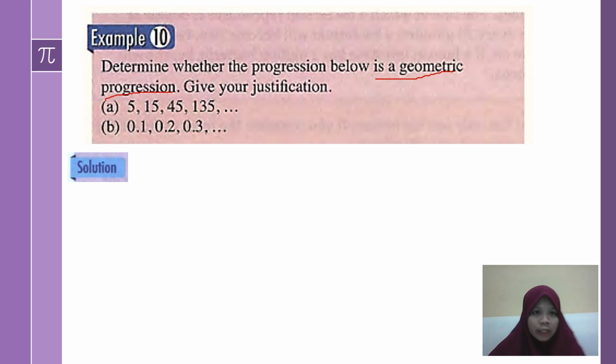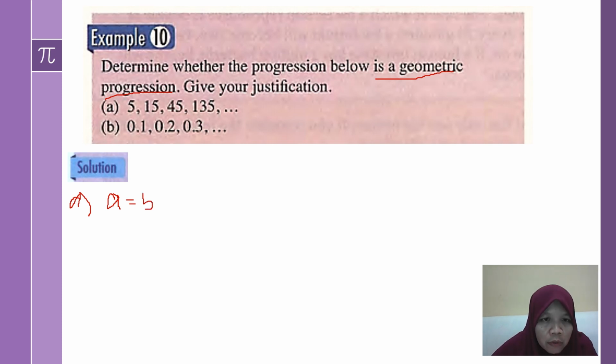Look at example 10A. We know that the first term is 5. Remember that the first term you can write as a or T1.